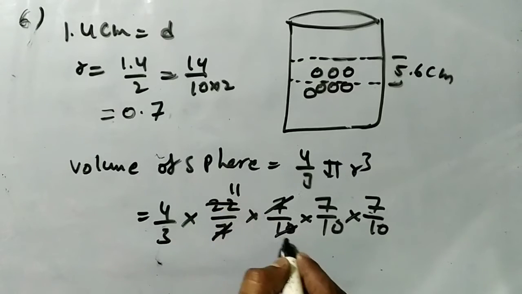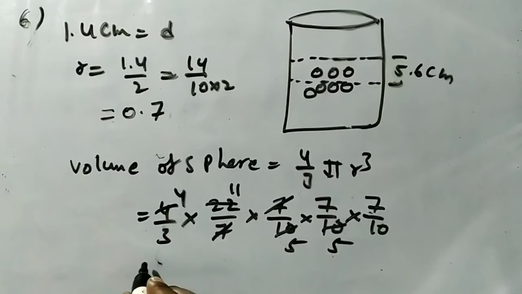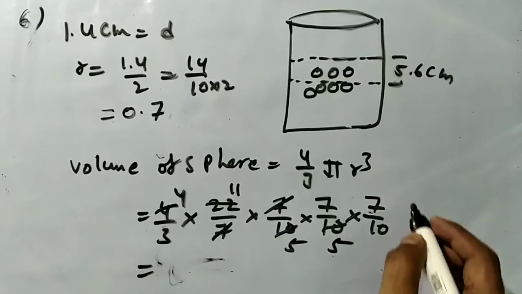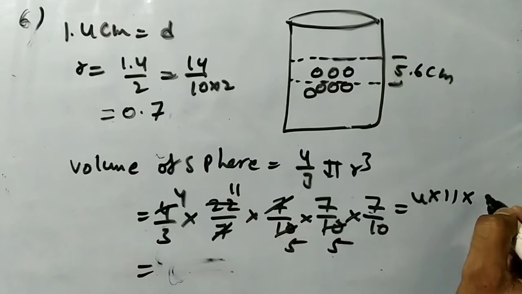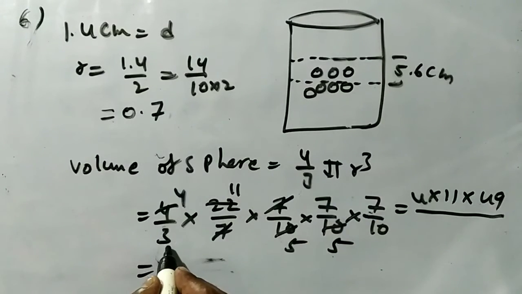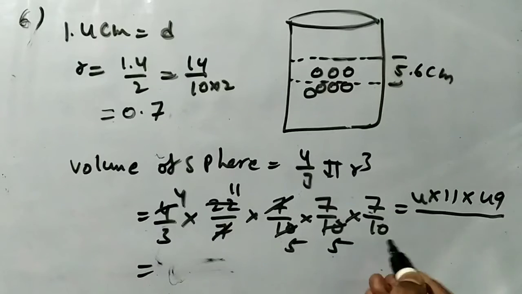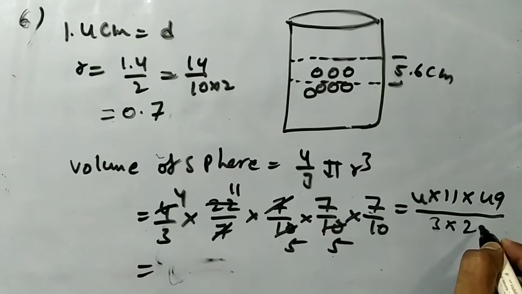2 elevens are 22, 2 fives are 10. That is 4 into 11, and into 49, because 7 sevens are 49, by 3 into 250.